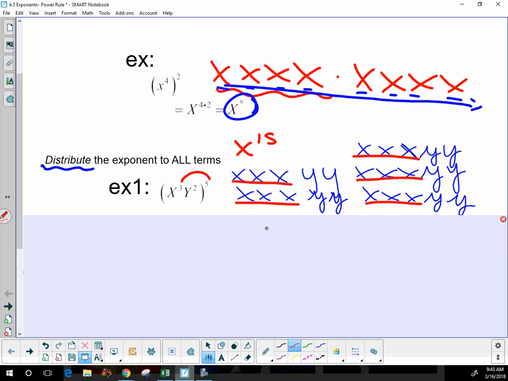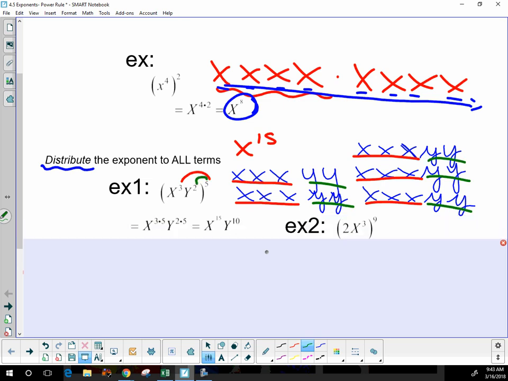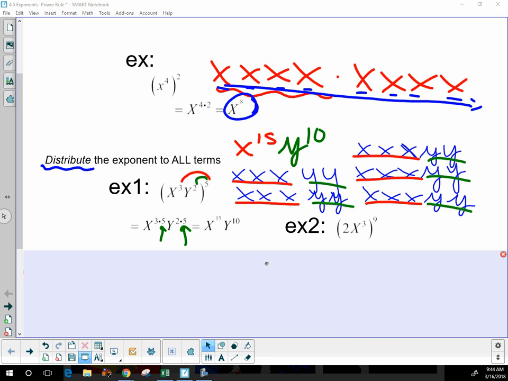And then you have 2, 4, 6, 8, 10 y's, which is exactly what that is. So if you look at the rules, you're going to have 3 times 5 and 2 times 5. We've got x to the 15. Oops, I didn't write down my y to the 10th. Okay, try example 2 on your own while I erase all of this mess.